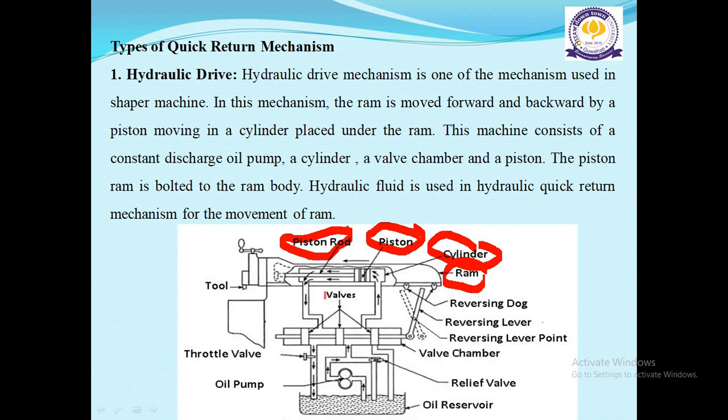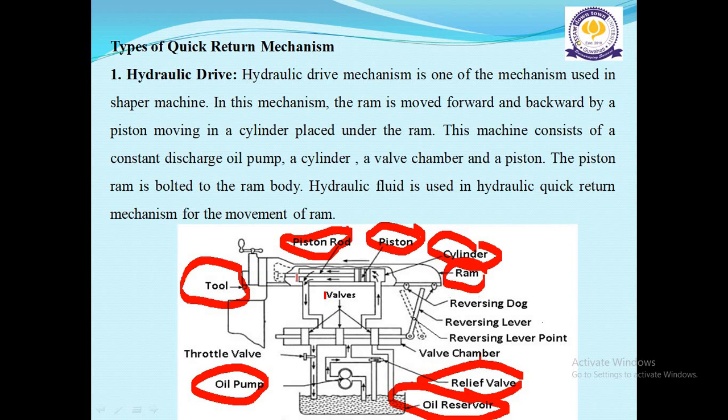Here you can see valves, then valve chamber, then relief valve, oil reservoir here. The oil pump is here, and the tool is attached here. The piston rod is bolted to the ram body.